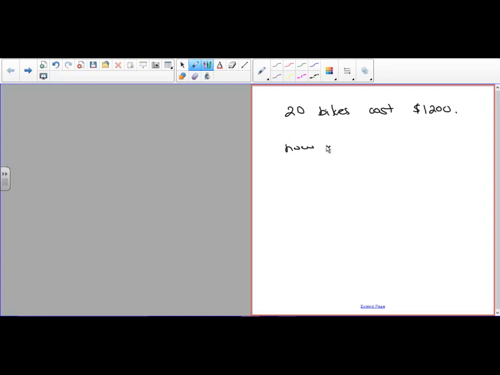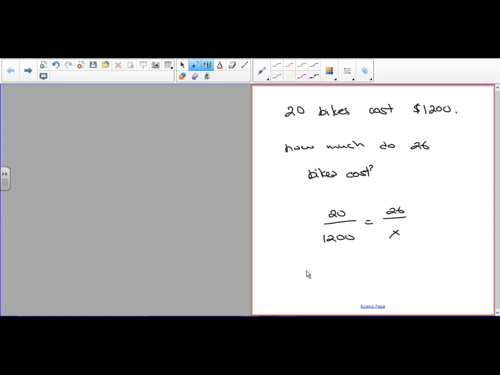How much do 26 bikes cost? You can set this up as a ratio, 20 is to 1200 as 26 is to x, and you can solve for x. That's the way I want you to do it.